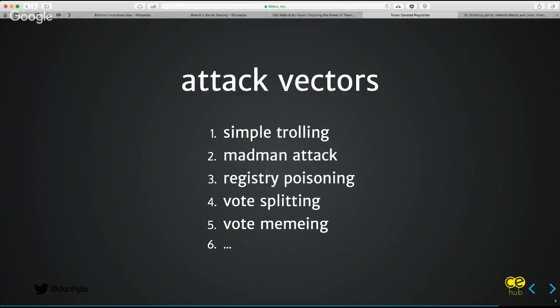Then the third one is registry poisoning. And this is because a listing, so an application, let's say, is included in the list, and for the reasons that it has been accepted, later in the future, the value of those parameters is going down.